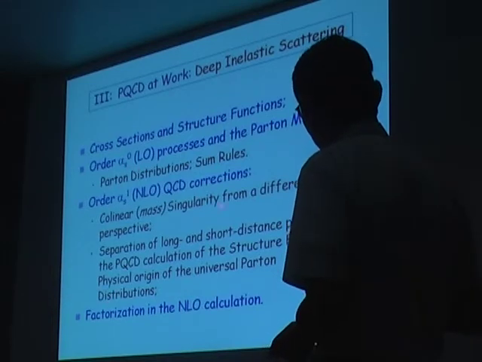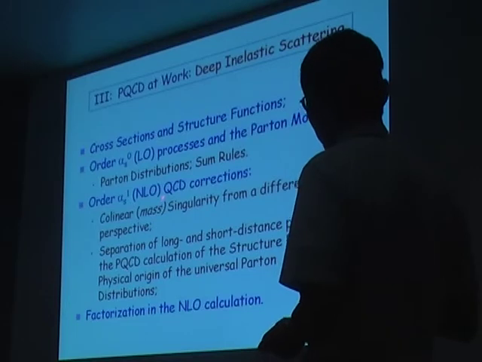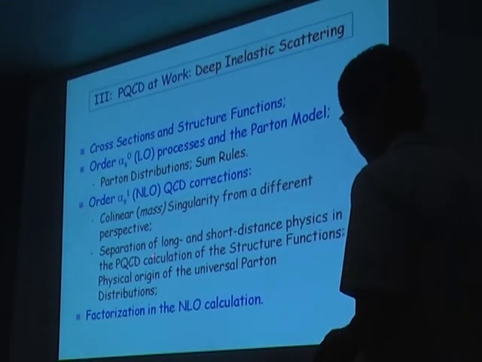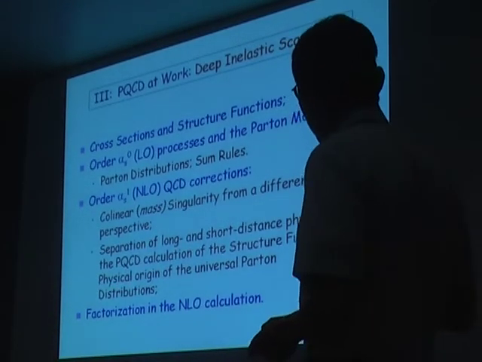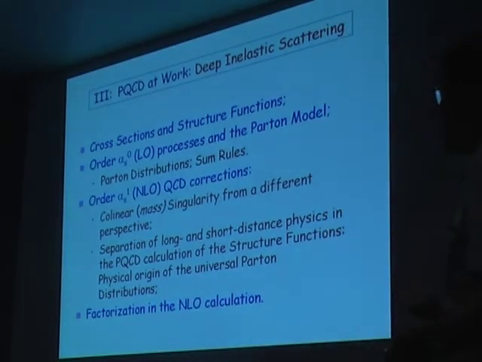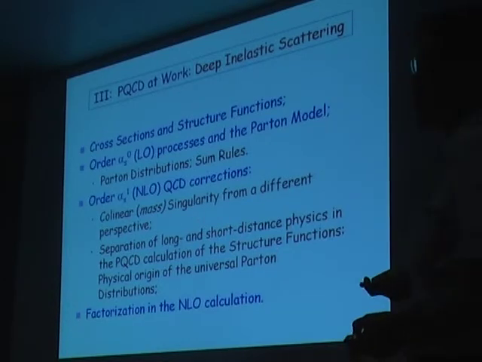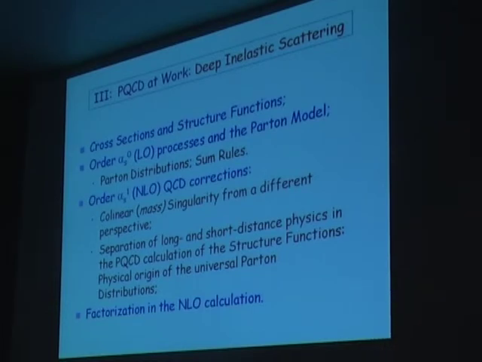Again, most of the emphasis will be on the next to leading order. The physics that I will discuss is similar to what I've discussed for e+e-, but as I also mentioned in my introduction, I will try to do this in a totally different way so that you can get a different perspective. We'll end up in the same place.